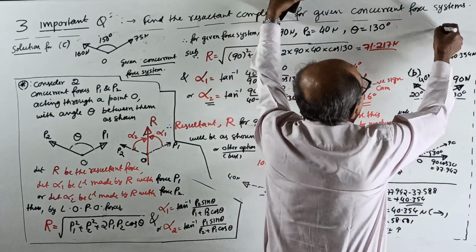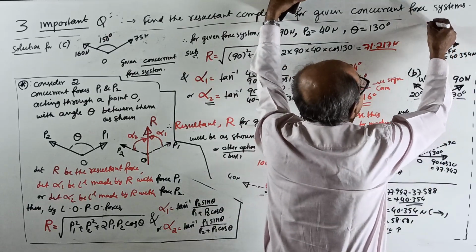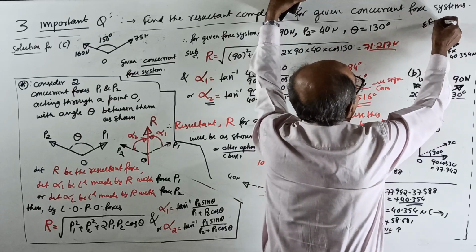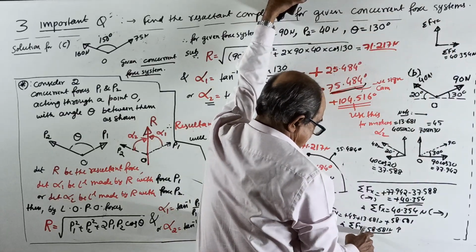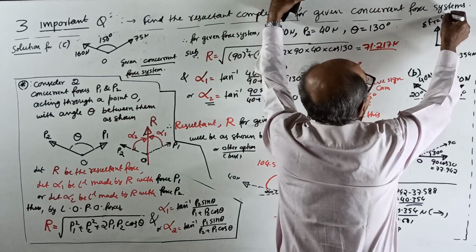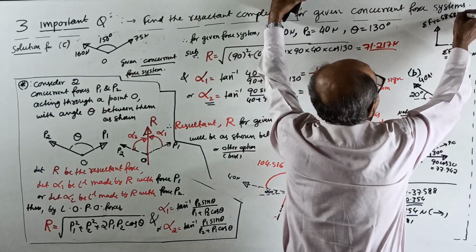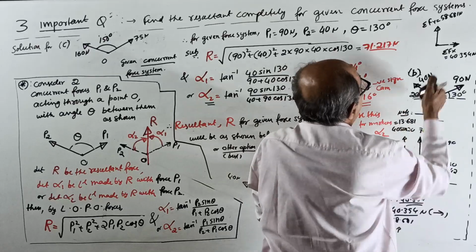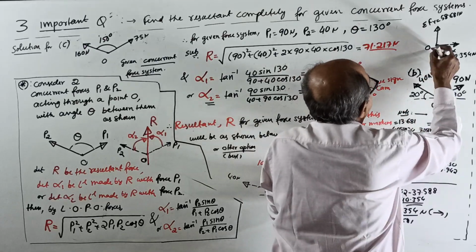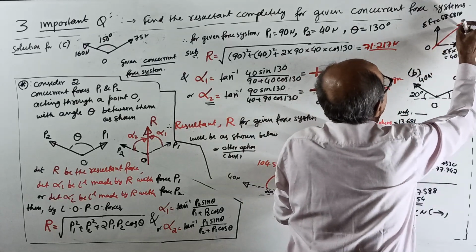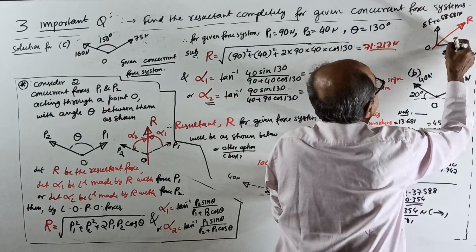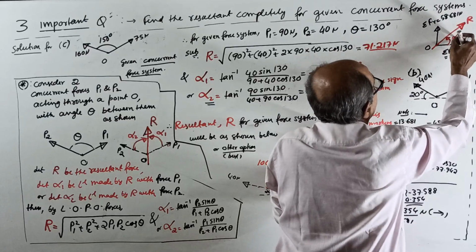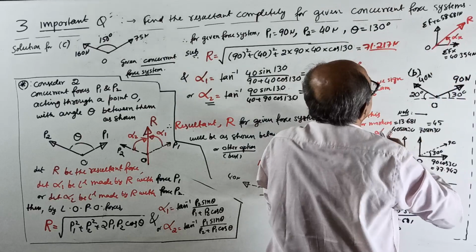Sigma fy going up 58.681 Newton. Then the resultant will be through the point O. Resultant will go this way, and this is the angle alpha x with the x direction.